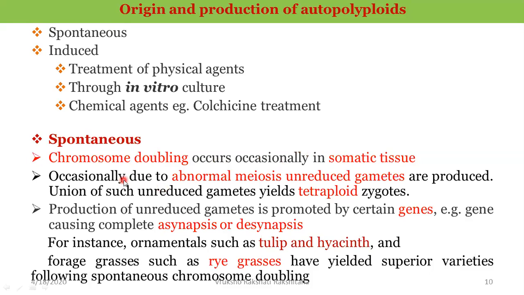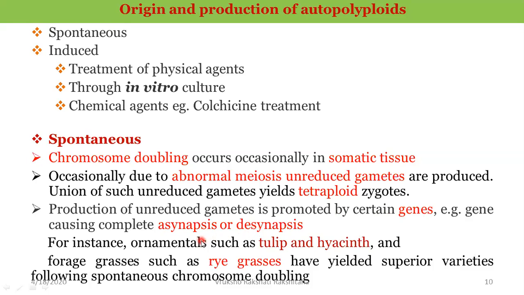Sometimes this may occur due to abnormal meiosis, and because of that unreduced gametes are produced. And union of such unreduced gametes gives rise to tetraploid zygotes. Sometimes unreduced gametes are produced under the influence of the action of the gene which causes asynapsis or desynapsis.